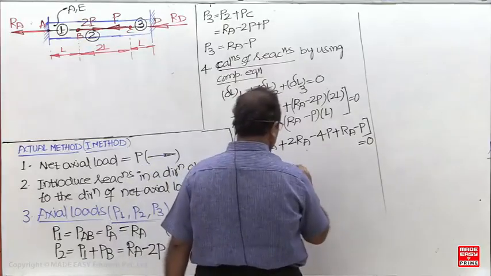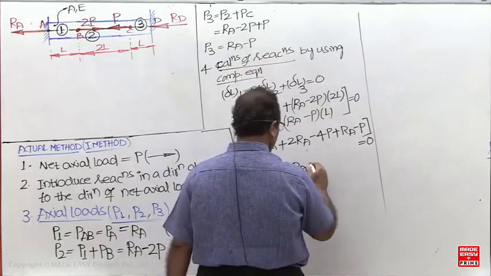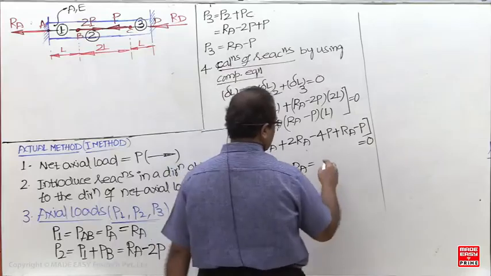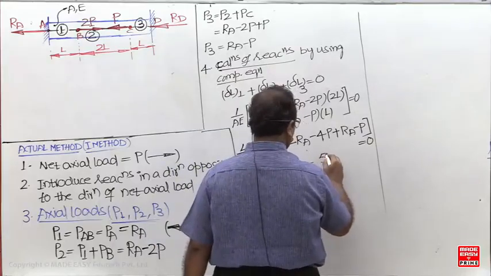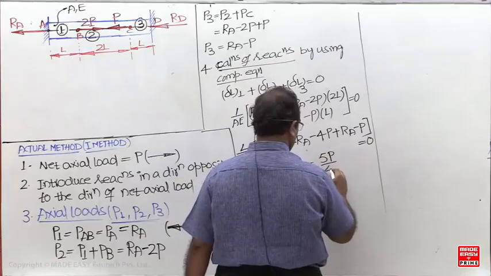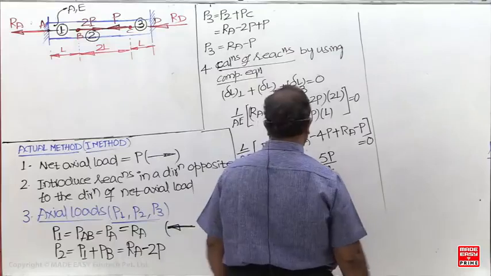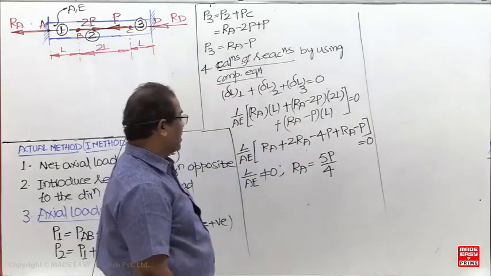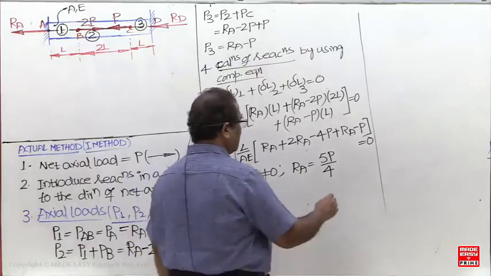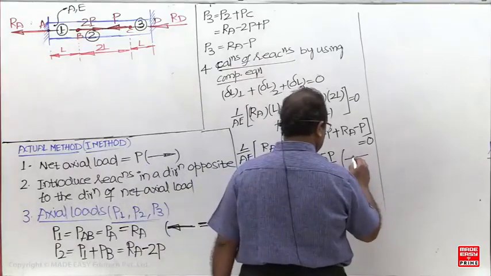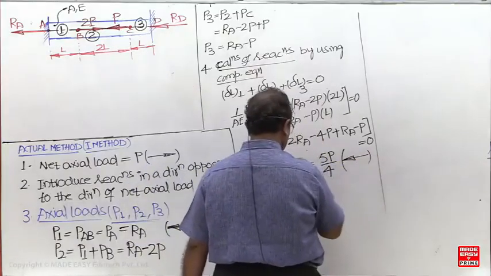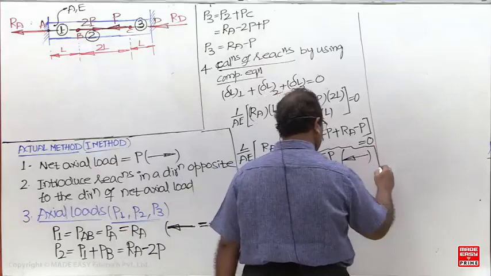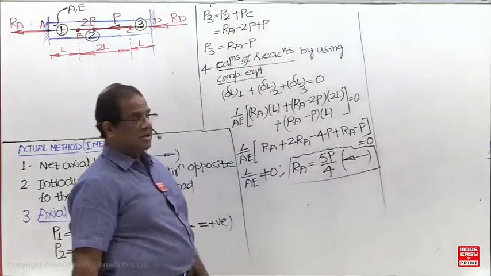From this you are getting RA equal to 5P by 4. I am getting a positive value. Positive value means the assumed direction is correct.